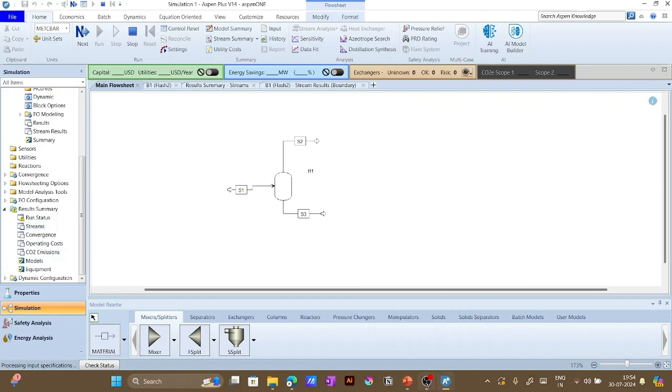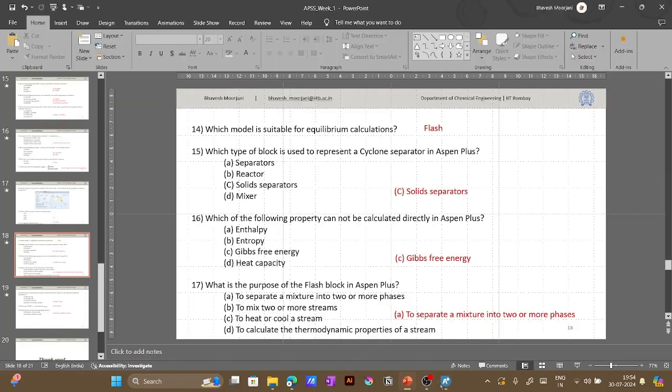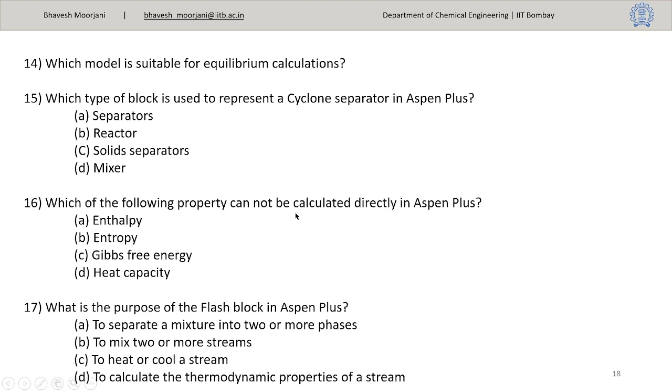When we have this stream data available, when it's computed, the Gibbs free energy value is not mentioned. For that, you have to do it in property analysis. You can calculate it, but in this simulation analysis, you won't get the Gibbs free energy. Rather, you will get enthalpy, entropy, and heat capacity.